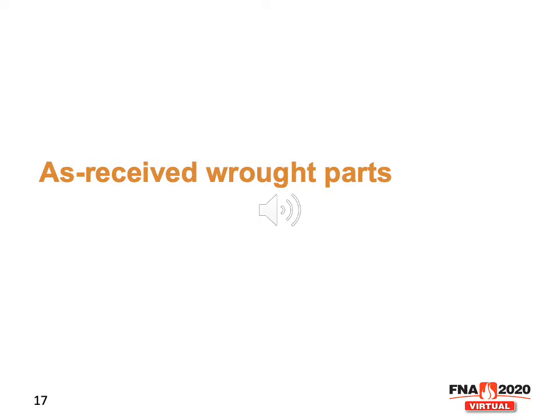In summary, for the as received selective laser melted part, decarburization was found during the selective laser melting process. So the carbon concentration was lower in the selective laser melted part compared to the powder we use for the SLM process.